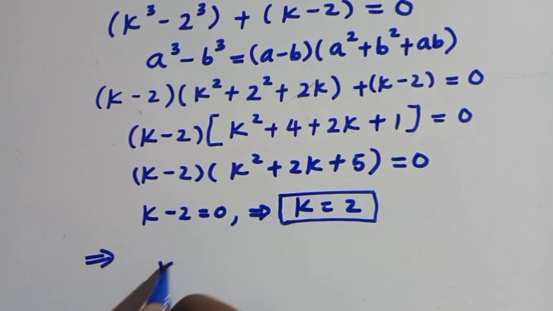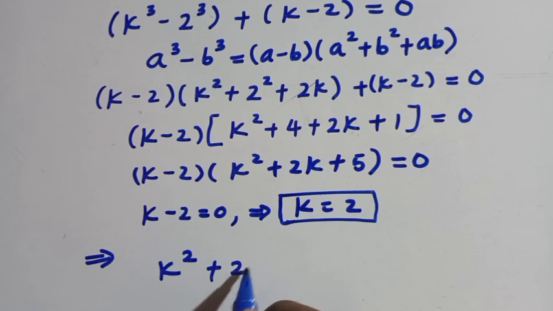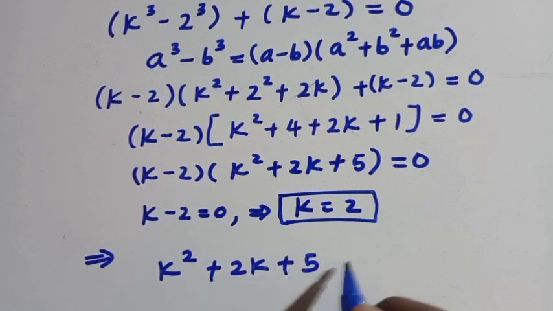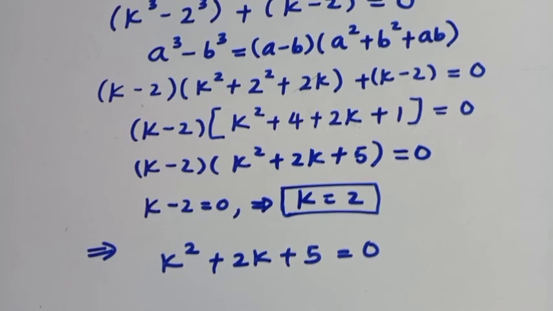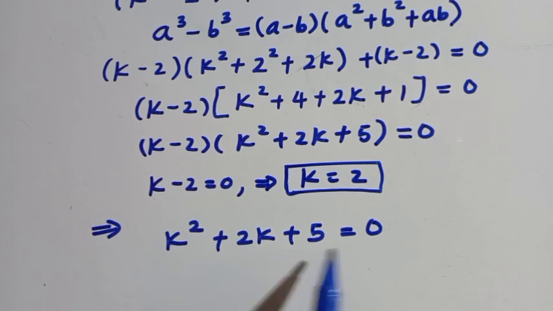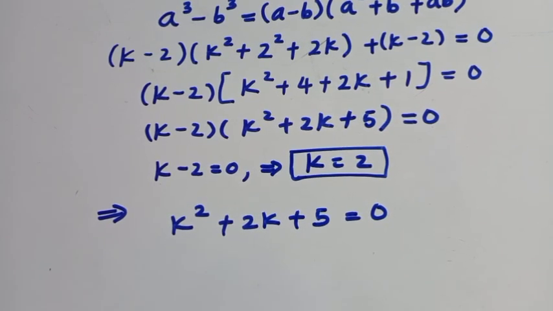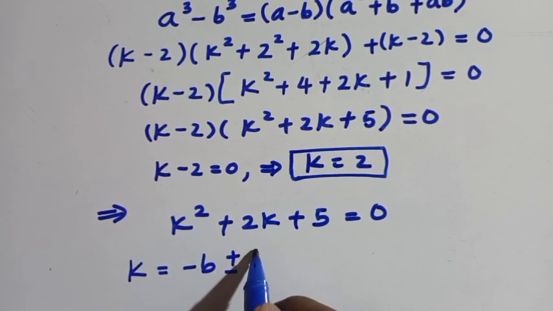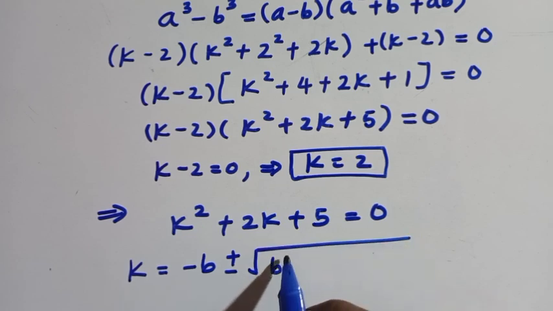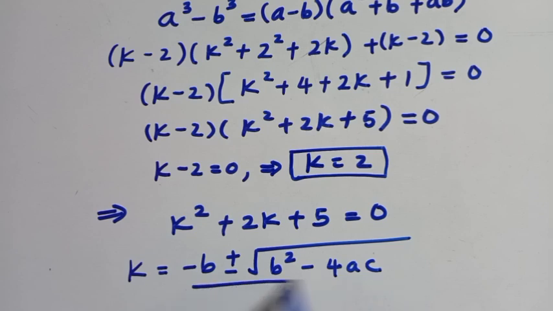So this implies k squared plus 2k plus 5 equals 0. And here we have a quadratic equation, which is k squared plus 2k plus 5 equals 0. And when you consider the quadratic formula, which is k equals minus b plus or minus square root of b squared minus 4ac, divided by 2a.